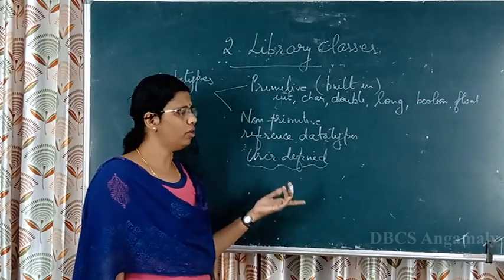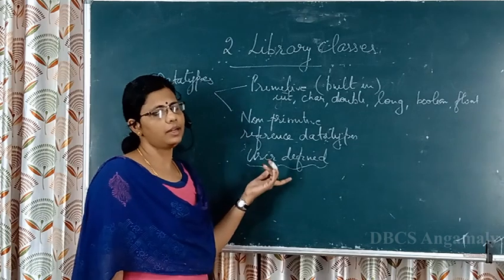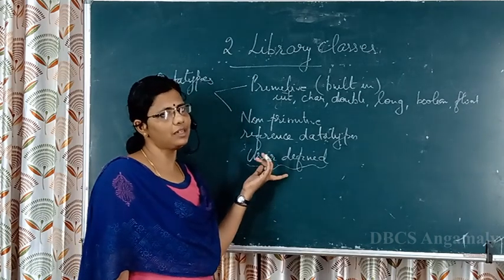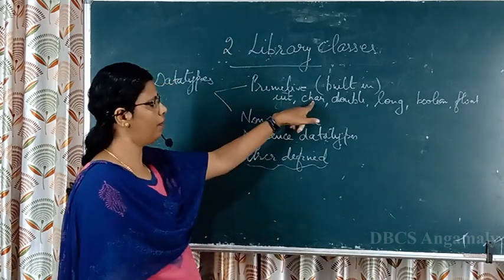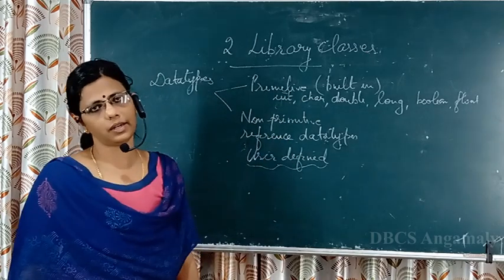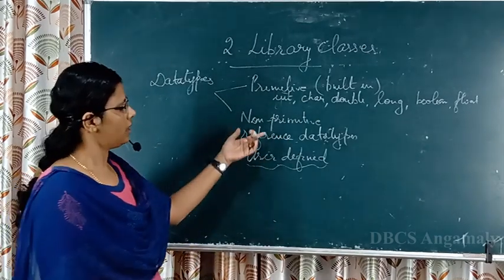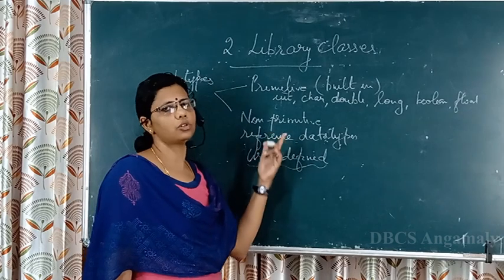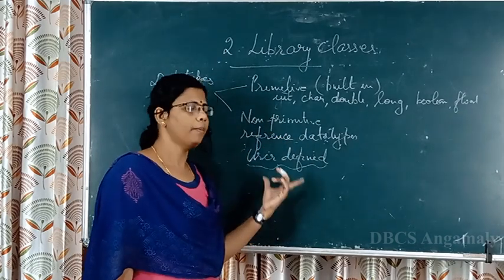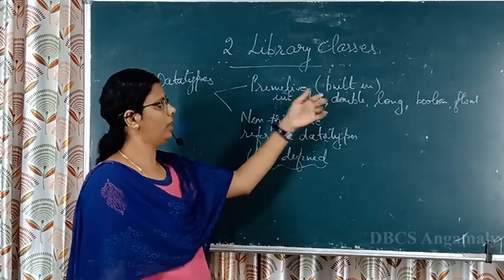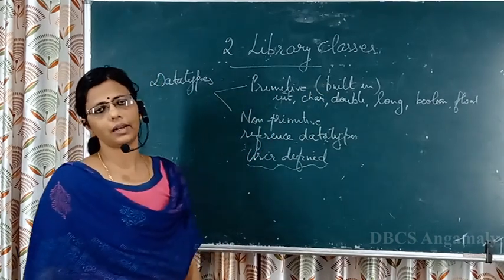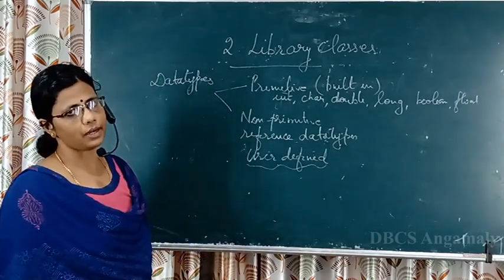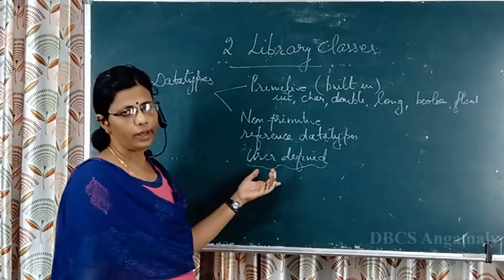But the only restriction is that the data types the user creates will be with the help of these primitive data types. So we can say these non-primitive or reference or user-defined data types are created with the help of these fundamental data types or primitive data types for your coding.